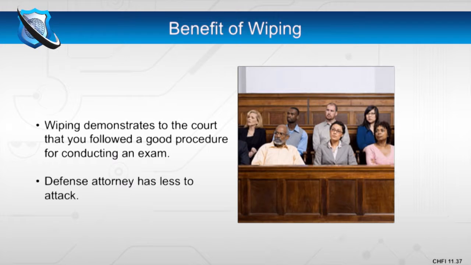Now, the benefit of wiping is that you can say at the very start to the opposing counsel, we made sure before we used any of our media that we actually wrote a series of all zeros and then a series of all ones to that particular disk drive, and it shows that you are a forensics expert and that you're following good procedure for your organization. The opposing counsel has less to attack. That's what it boils down to.